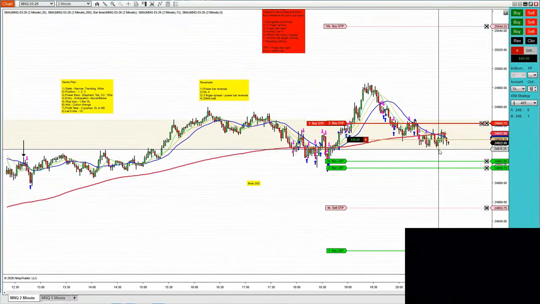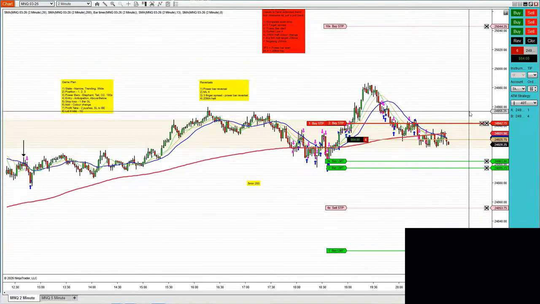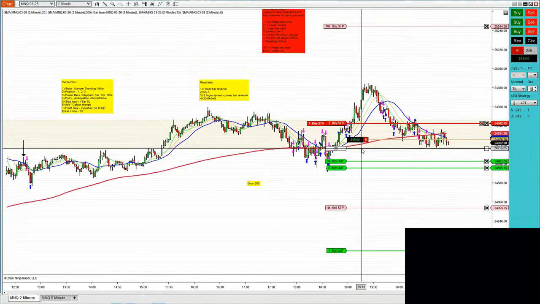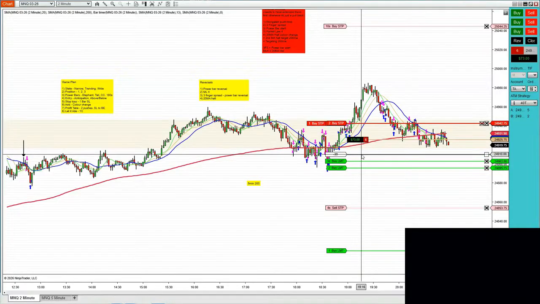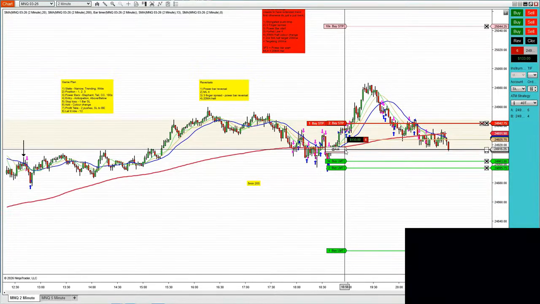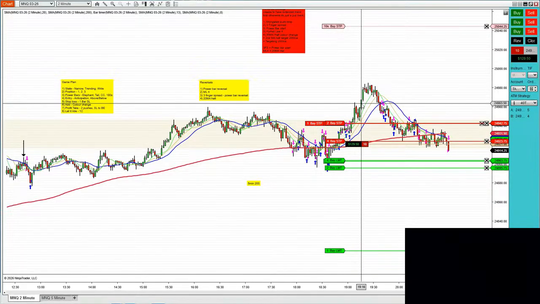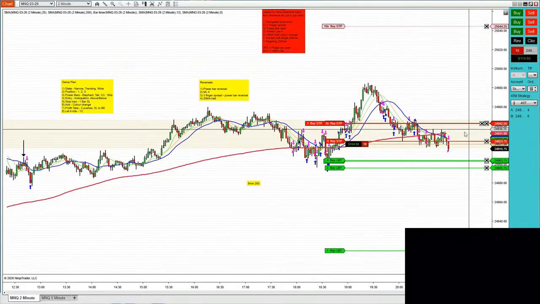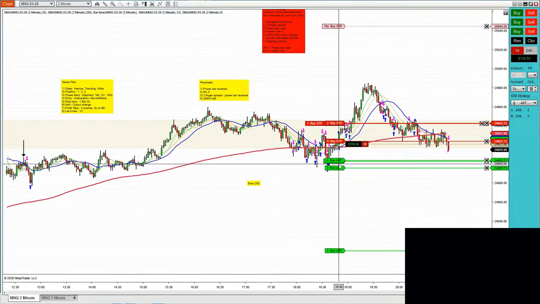If we get a really strong close there, I'm adding to this for sure. Looks like we're getting it. So that's a late add.